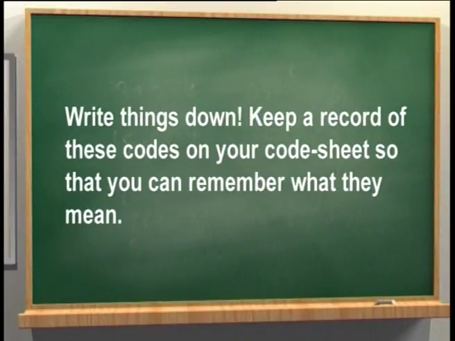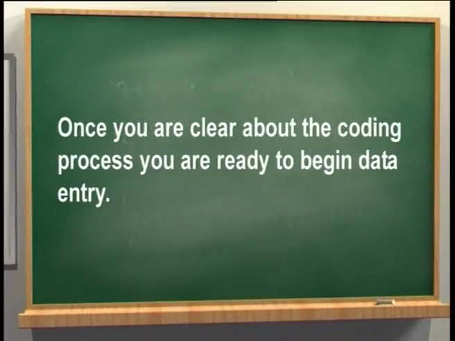Open-ended items that have more individualistic responses, such as what else do you think about this topic, need to be coded more creatively. Remember, write things down. Keep a record of these codes on your code sheet so that you can remember what they mean. Once you are clear about the coding process, you are ready to begin the data entry.